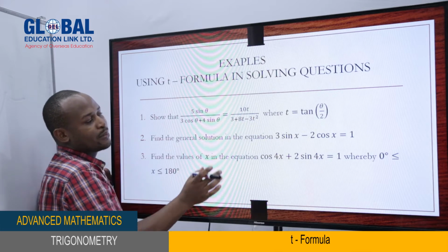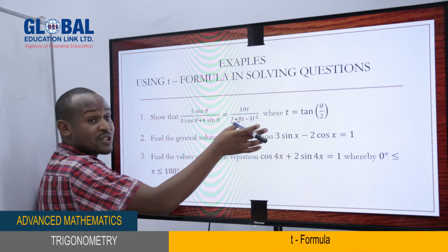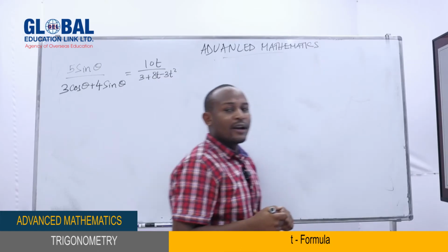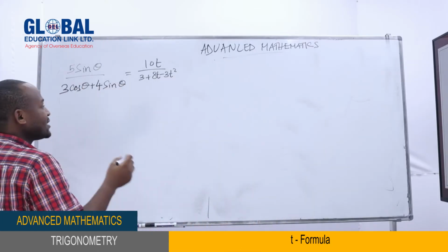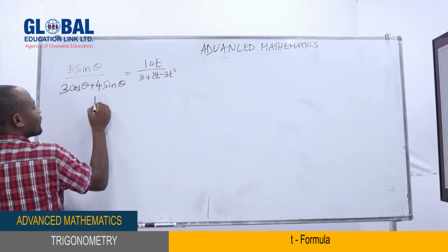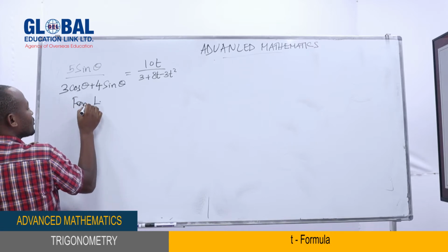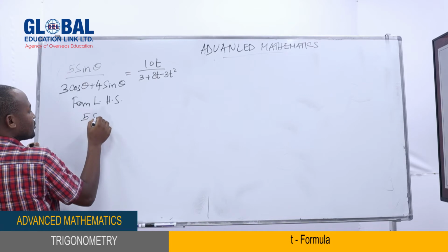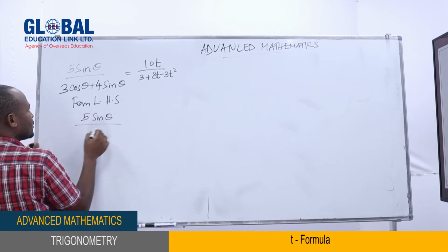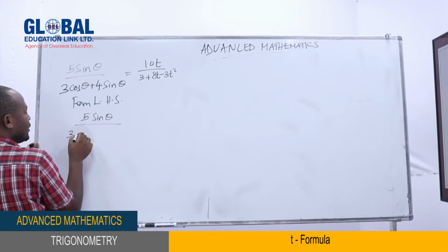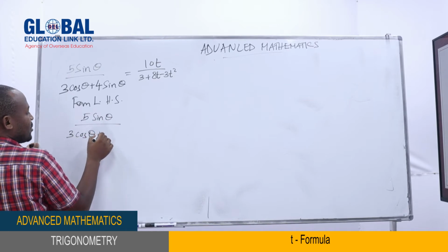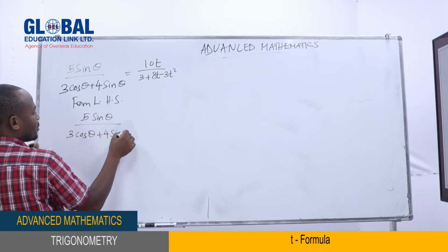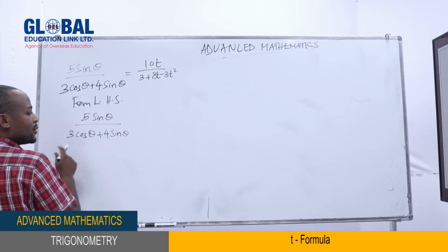I don't think it's very easy, but it's possible too. Okay, I will select the left hand side, which has 5 sine theta over 3 cos theta plus 4 sine theta.